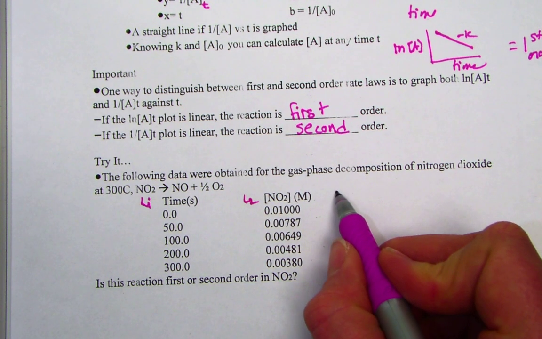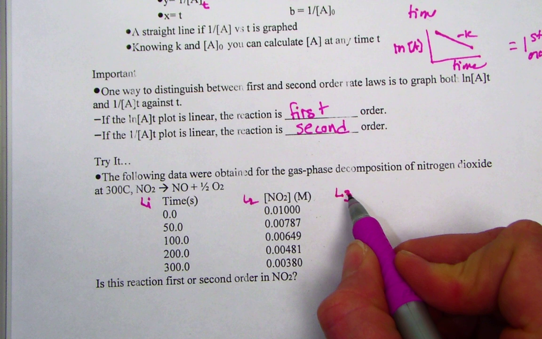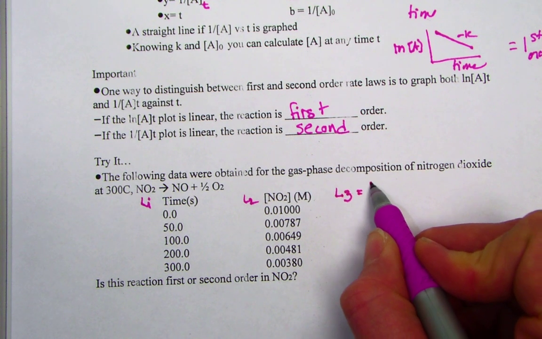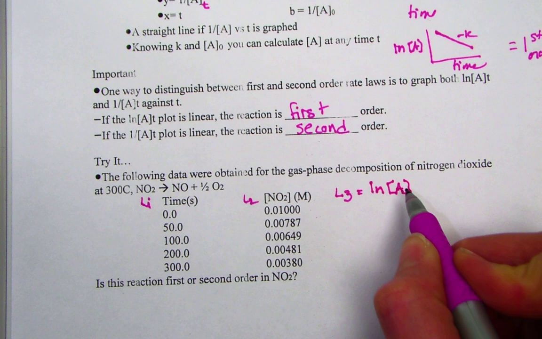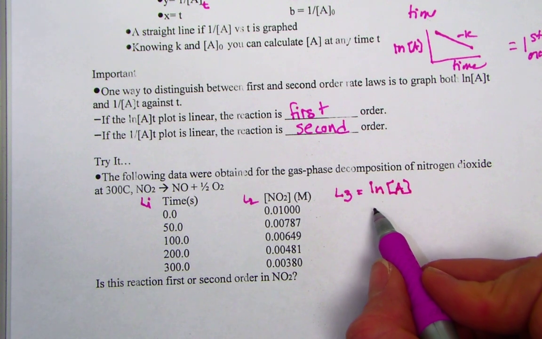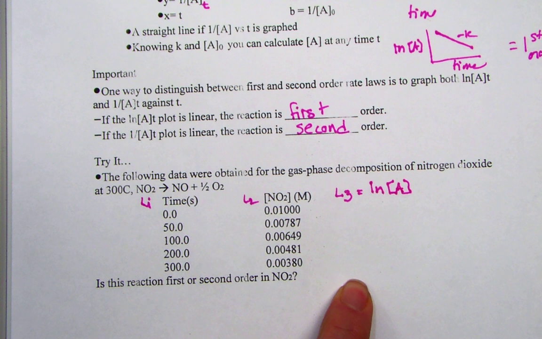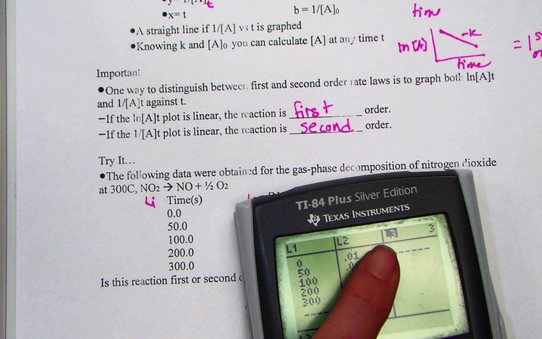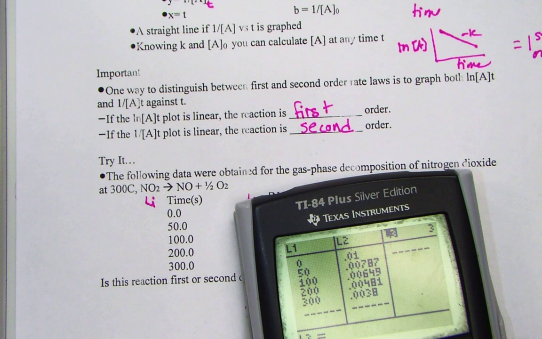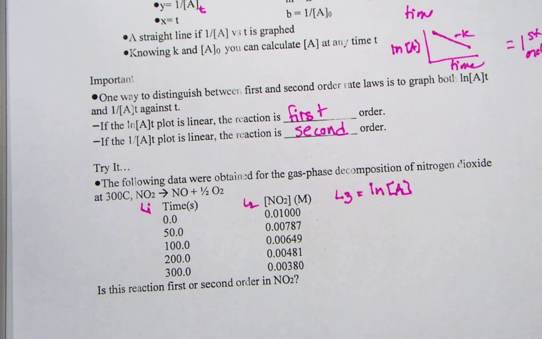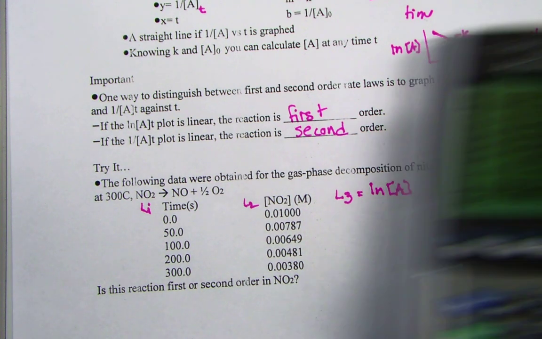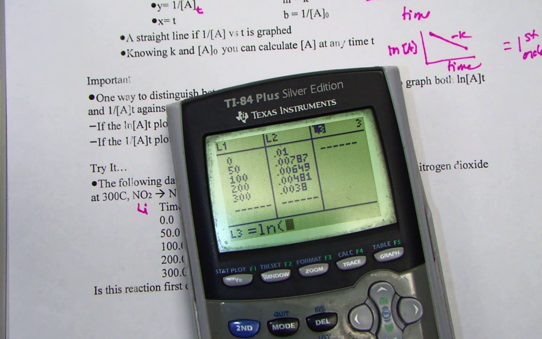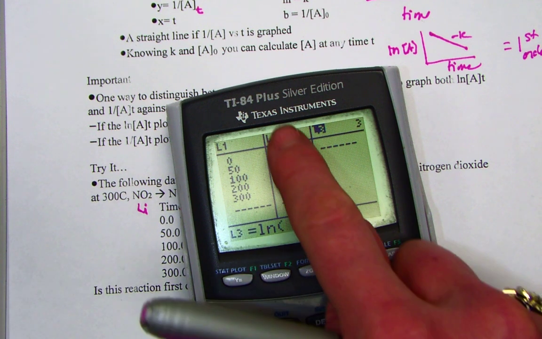I'm going to use the calculator to generate a list 3, which I'm going to use to represent the natural log of the concentration. I'm going to make the calculator do the work for me. So what I'm going to do is to place my cursor on list 3, up on the very top where it says list 3 up here. Now it's ready for me to hit the formula. So now that it's highlighted, I'm going to hit natural log button, and notice on the bottom it's giving me ln with a parenthesis, and I want it to find the natural log of those concentrations.